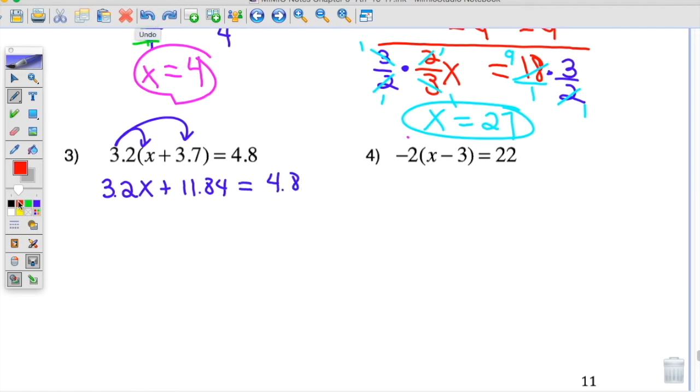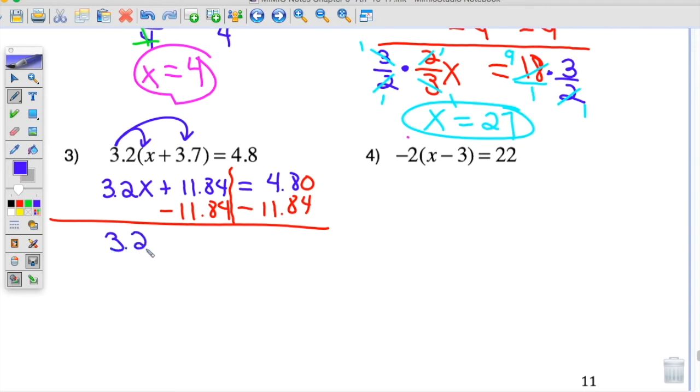Next step, we want to undo the addition, so we're going to subtract 11 and 84/100ths from both sides. And we are going to add a 0 as a placeholder. So on our left-hand side, we're left with 3 and 2/10 x equals, because our opposites cancel each other out.